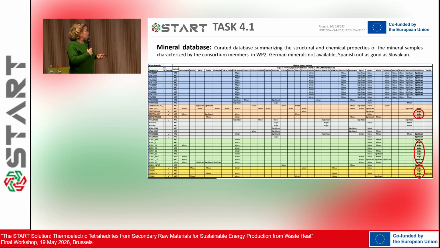One of the deliverables we had in task 4.1 was to create a mineral database with all the minerals which have been investigated in the project. From this database, we selected the minerals which had the most amount of tetrahedrite.